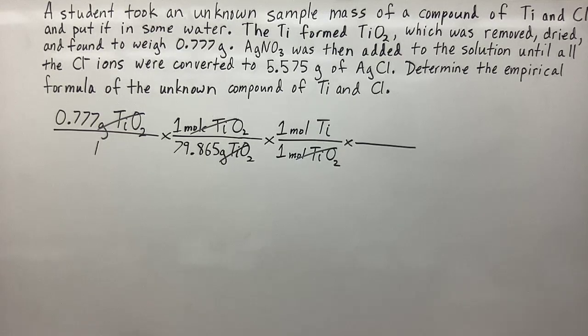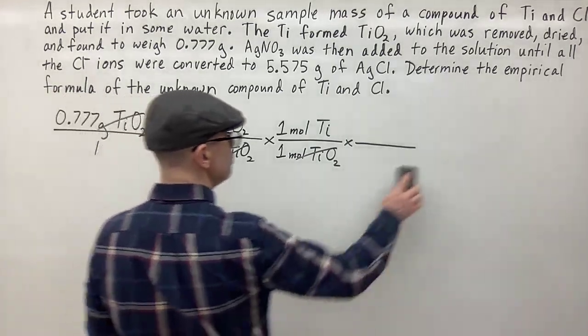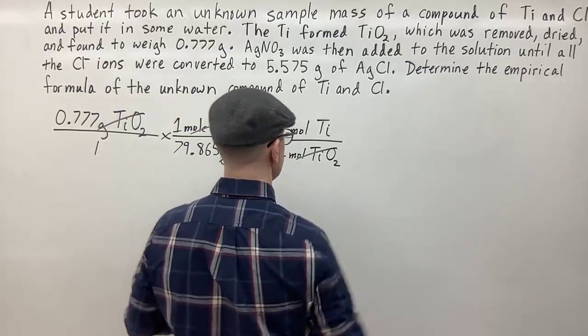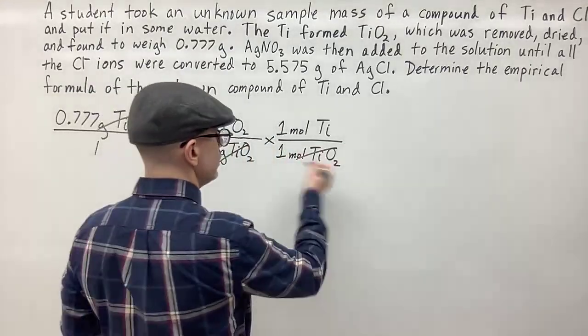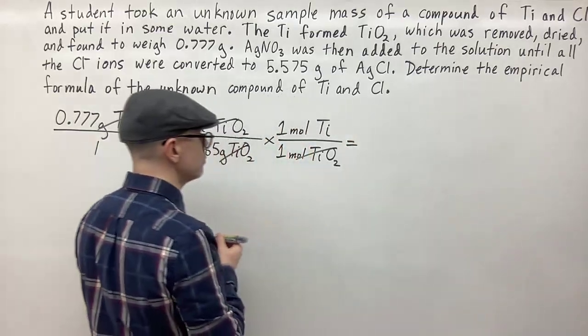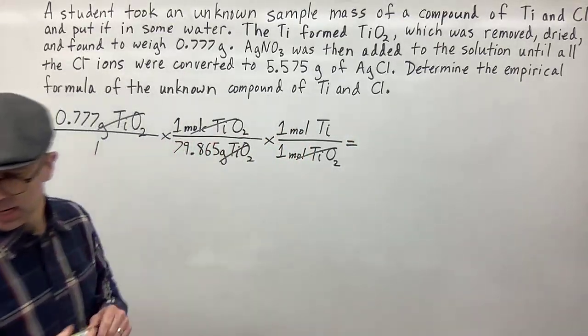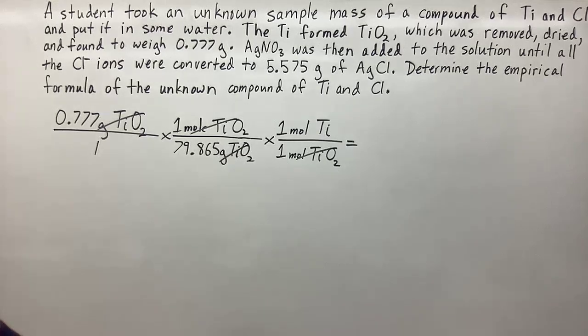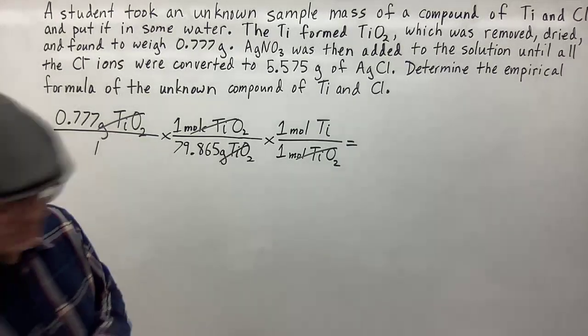Actually, we don't need that. We just need moles. So we don't want to go too far. So this is going to be enough. We just need the moles of the titanium. And so when I calculate this out, I get 0.0097289.